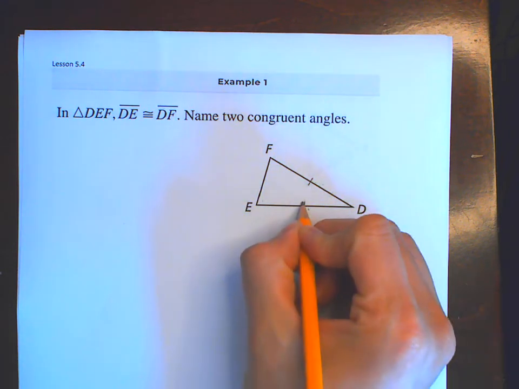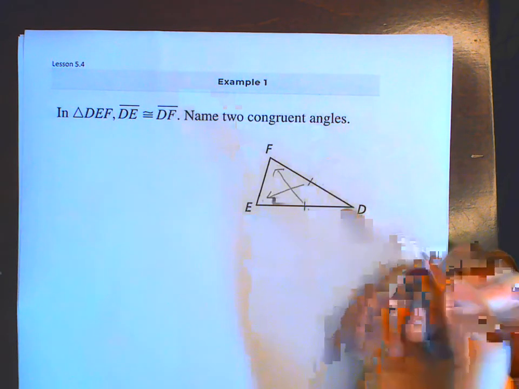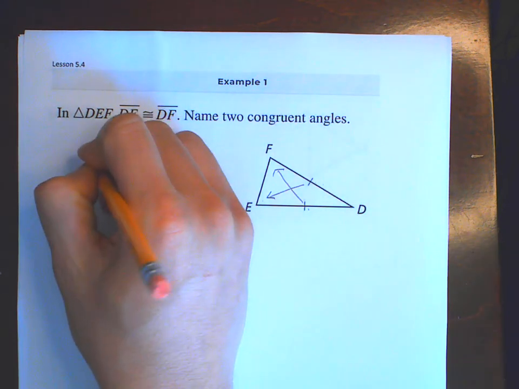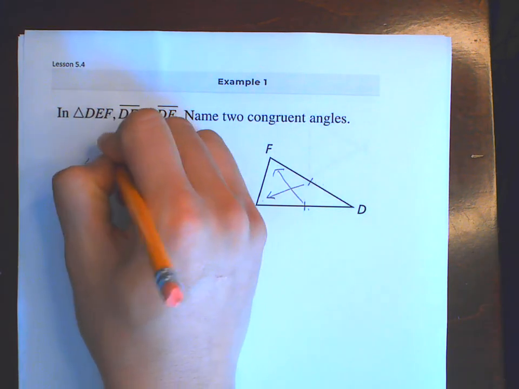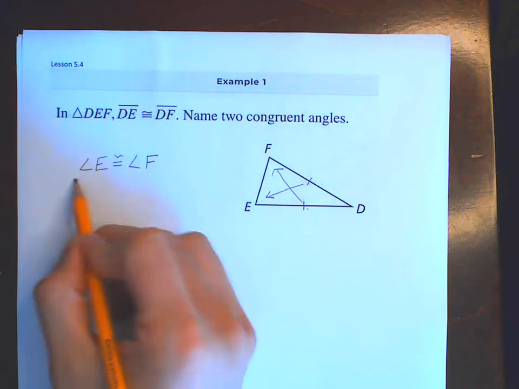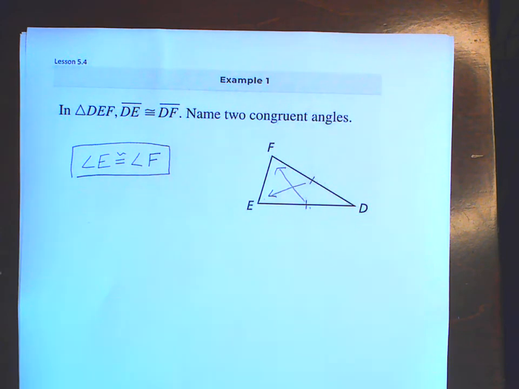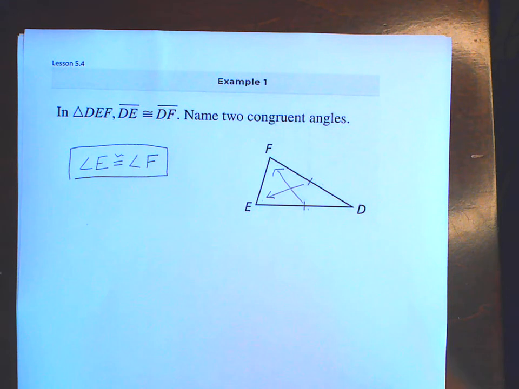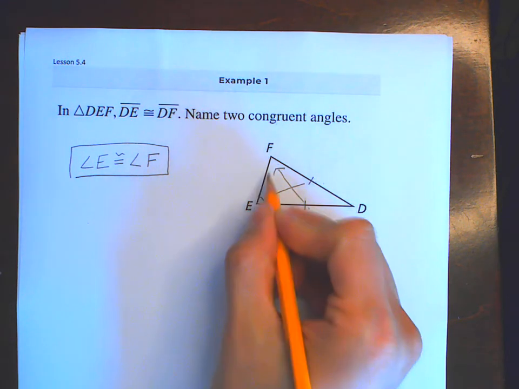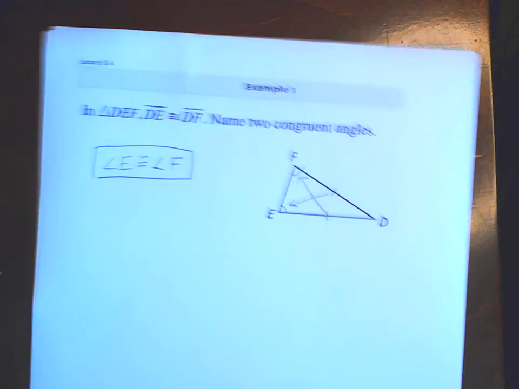So that means that this angle and this angle are the congruent angles. So angle E is congruent to angle F. That's all you have to do for number 1. All you have to do is look across and identify the base angles. So that would be this one and this one. That's number 1.